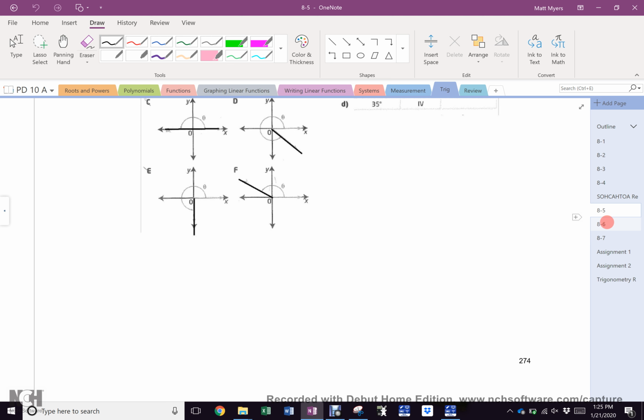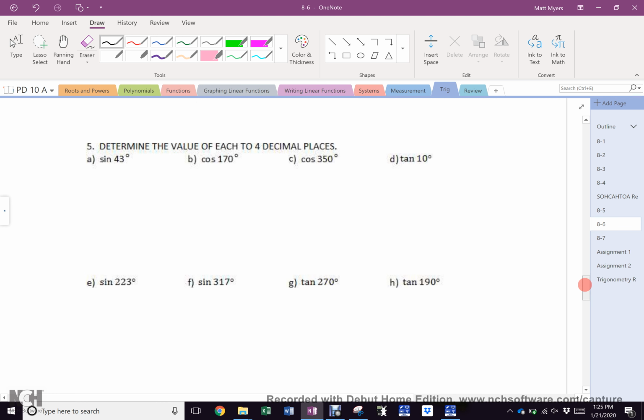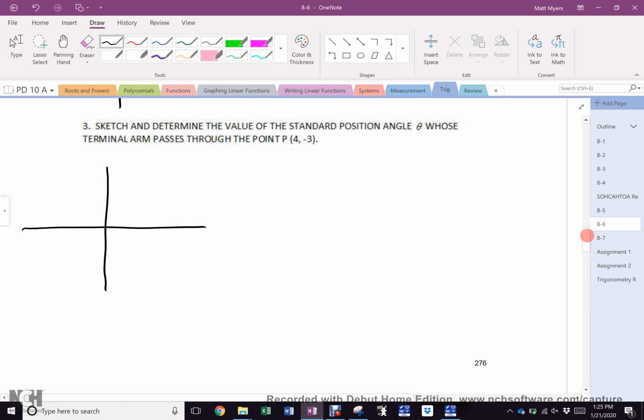All right. Everyone should have it sketched by now. Where is it? 4 across, 3 down. Everyone agrees? All right.